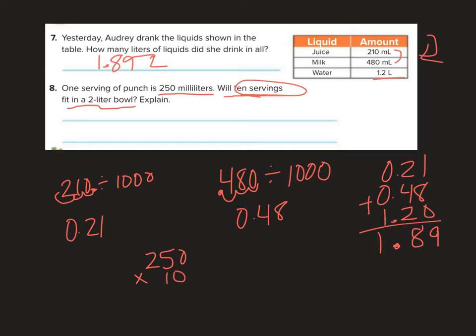Remember, when we multiply by 10, we're moving that decimal point 1 spot. So 250 milliliters times 10 would make 2,500 milliliters, or, bring that decimal point back 3 spots, 2.5 liters is how much space we will need.